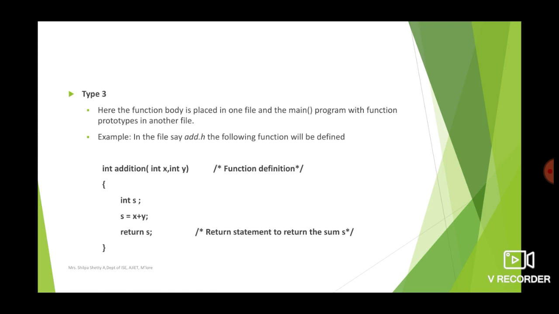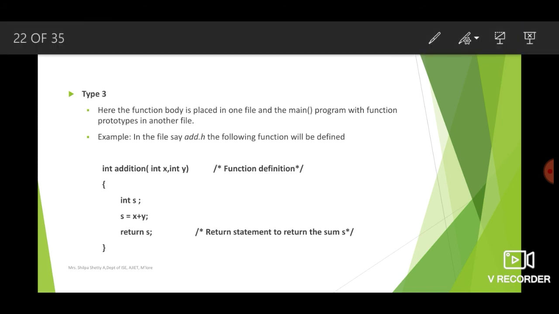For example, let us create a function file called add.h for the following function. You can see here int addition(int x, int y). So this is one function, and it is now written in a separate file, add.h.